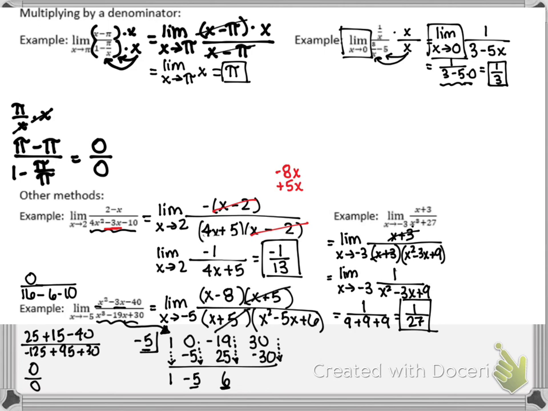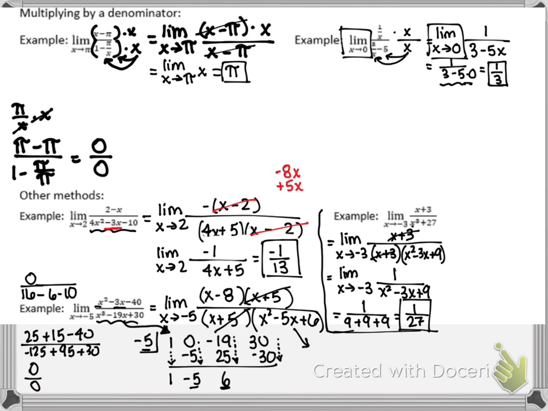The x plus 5's cancel. Then I can plug in that negative 5 into what remains. Let me zoom in here a little bit and box in this problem.